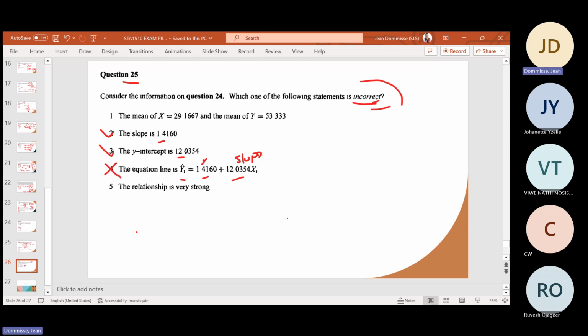So by not even having the data or knowing how it should look, I could have identified one to be wrong just because they give us the intercept and the slope. Because if my intercept was wrong in this instance, you can see my slope is also wrong.